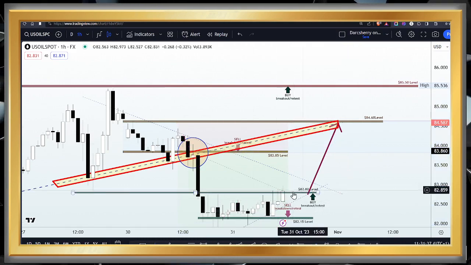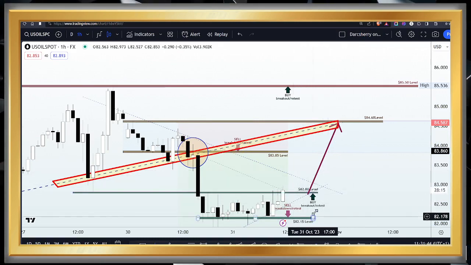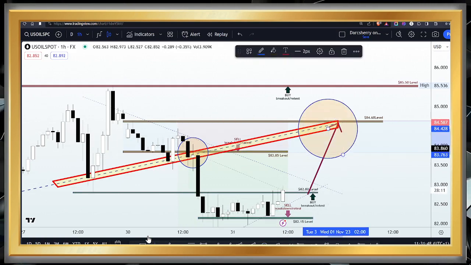Now, if we join a bullish opportunity after the breakout and retest of the $82.80 level and that descending trend line, as soon as price gets into the zone between the $83.85 and the $84.60 zone, let's ensure that we move all our stop losses, secure the current buy position, and wait to see how the market would react to the zone.